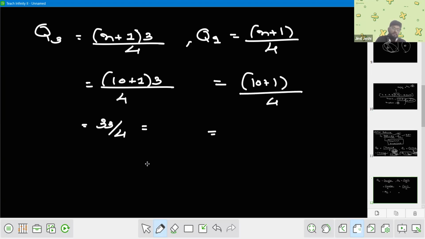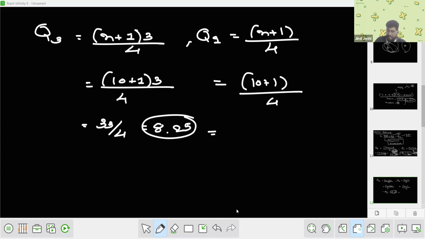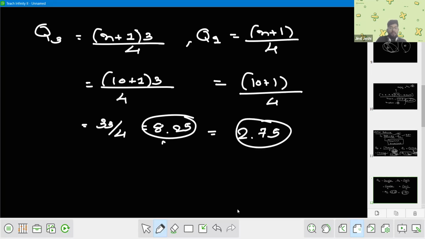So you will get these two values, which are the positions of your Q3 and Q1: 33 divided by 4 is 8.25, and 11 by 4 is 2.75. It's a position, not the actual value.